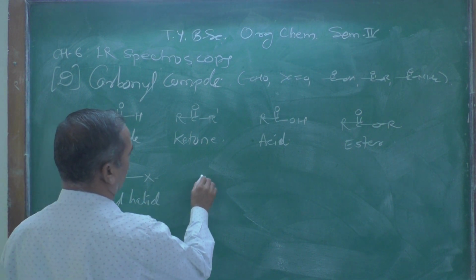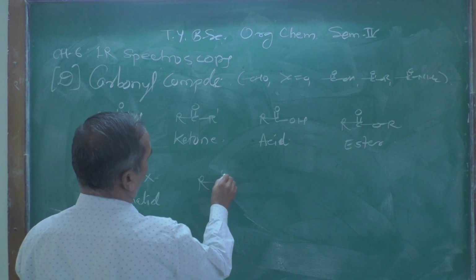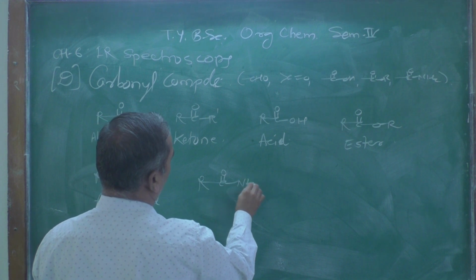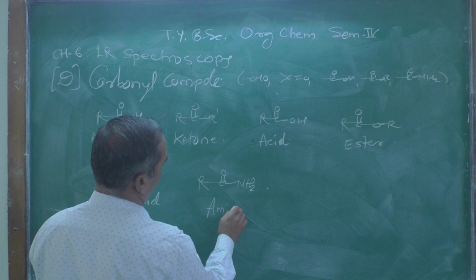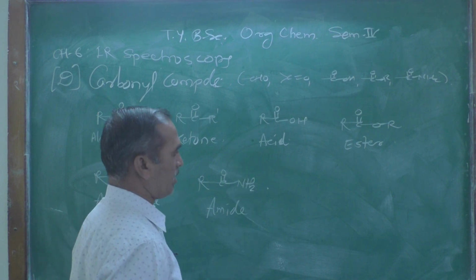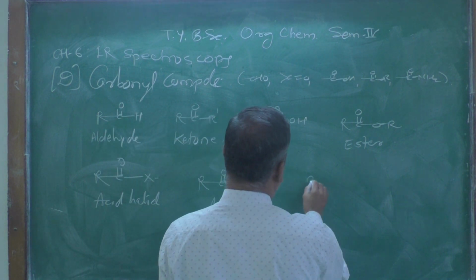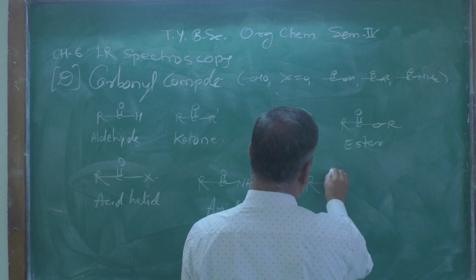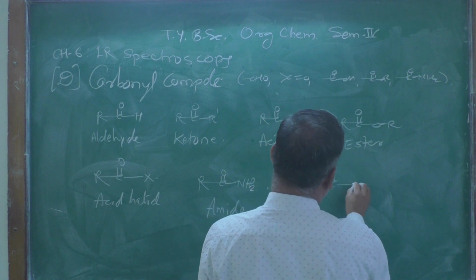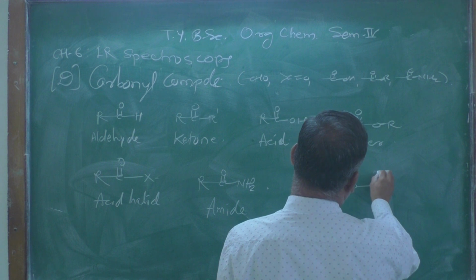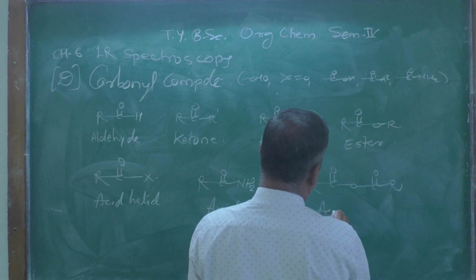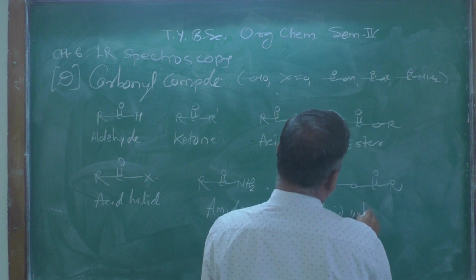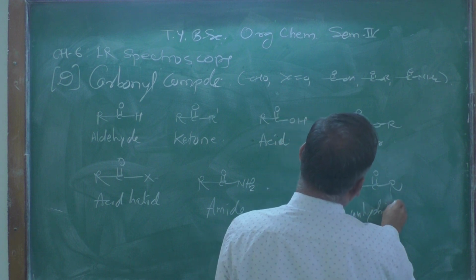And now R C double bond O NH2, which is very well known as an amide. And let me draw one more structure over here, R C double bond O C double bond O R, which is called an acid anhydride.